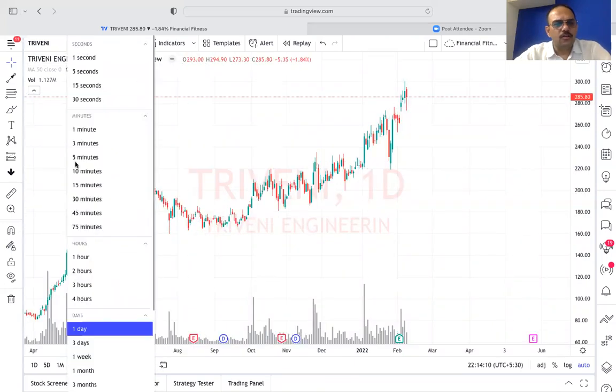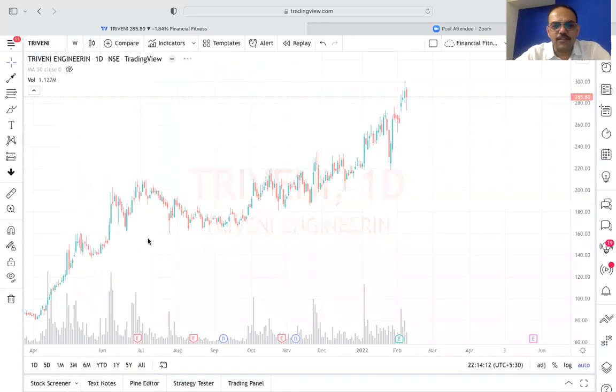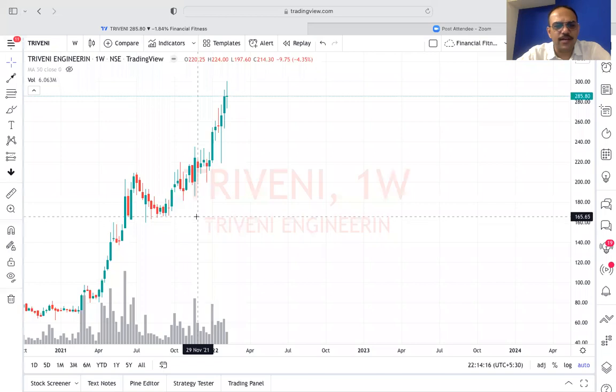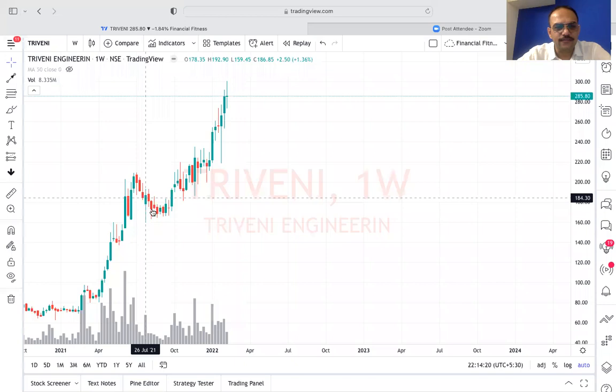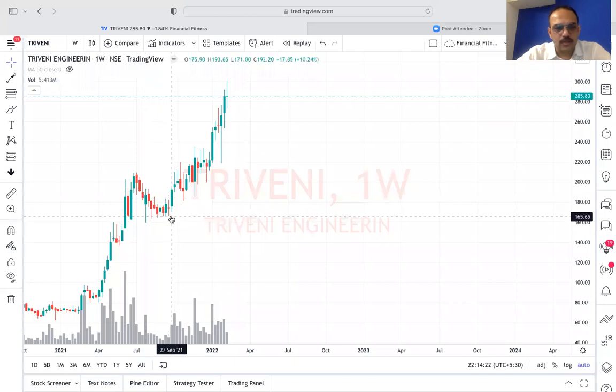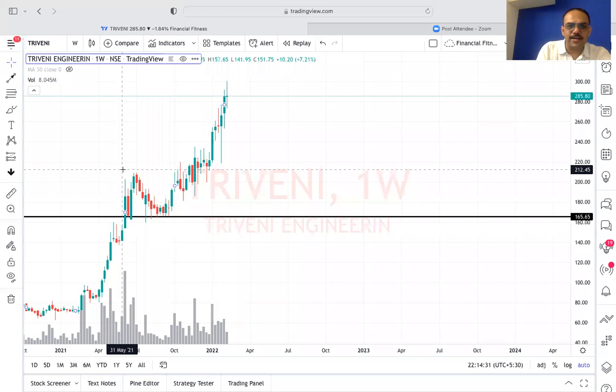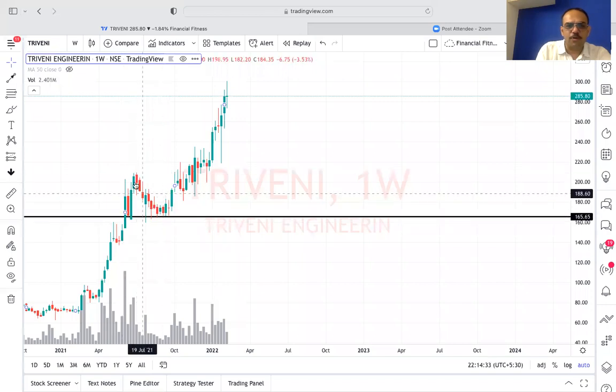In daily charts you see lots of hills and valleys. Start with weekly. If you are finding the chart in daily to be very hazy, don't go for daily. Start with weekly, and you will find clear peaks and clear bottoms.